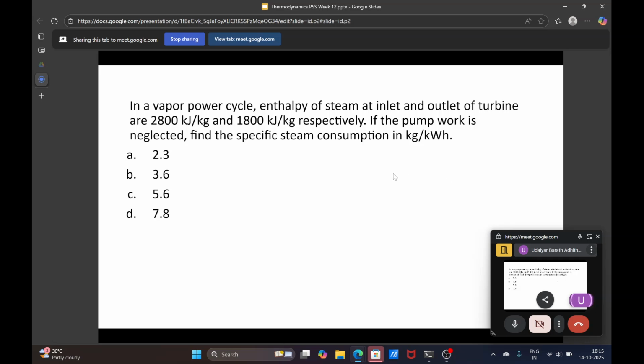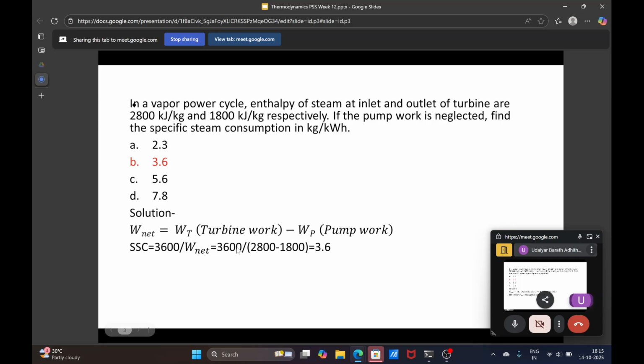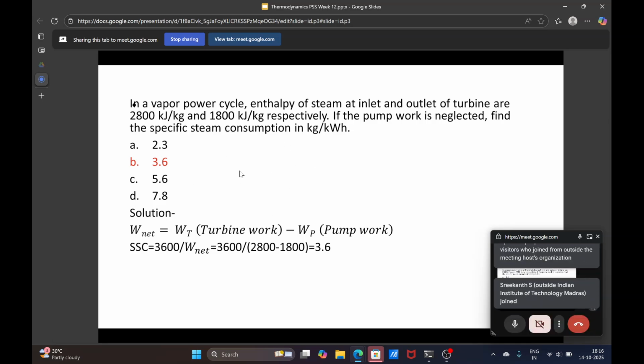So m dot by W is 1 by H in minus H out. So we get 1 by 2800 minus 1800, which is 1 by 1000. This is all in kg per second. To convert into hours, we multiply by 3600. So 3600 divided by 1000 gives you 3.6. So that is your specific steam consumption for this cycle.